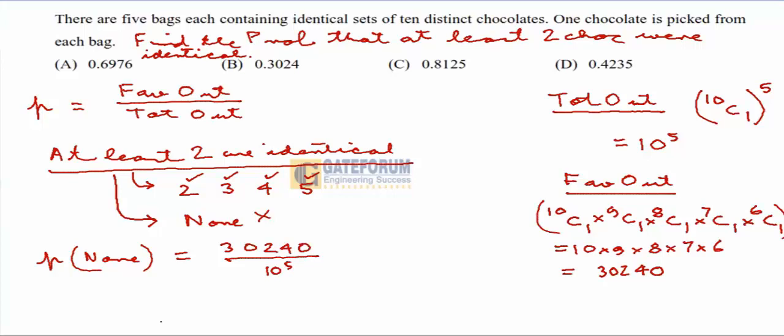But in the question they have asked me the probability that at least 2 are identical. This has been asked for.